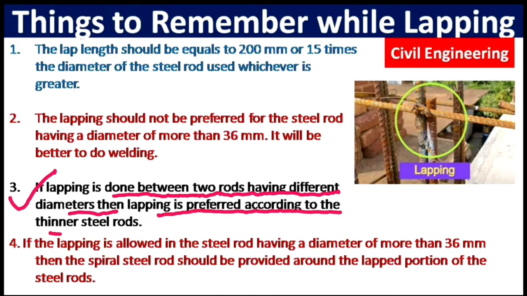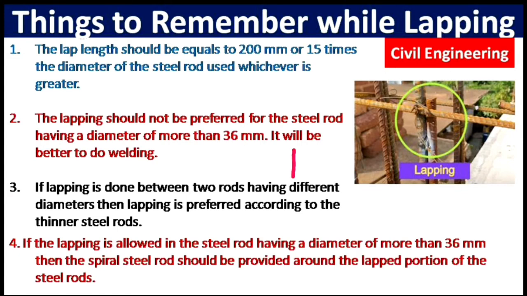Point number 3 is if lapping is done between two rods having different diameters, then lapping is preferred according to the thinner steel rod. Now if the diameter of one steel rod is, for example, 10 mm and another is 12 mm, the question arises which rod diameter we have to multiply by 15.